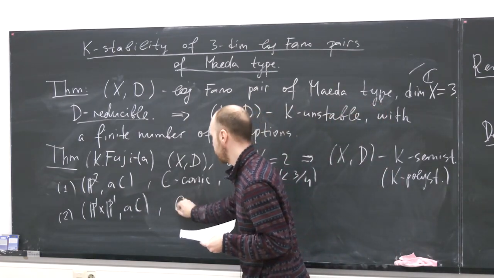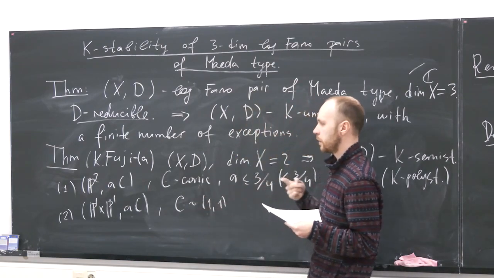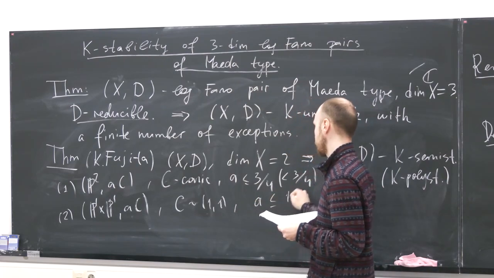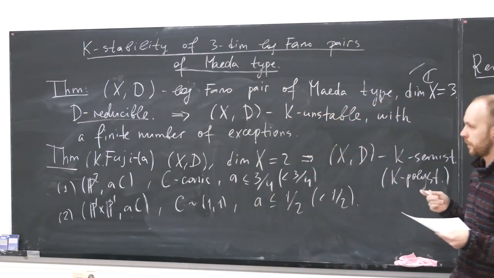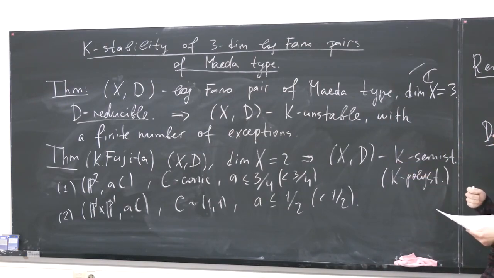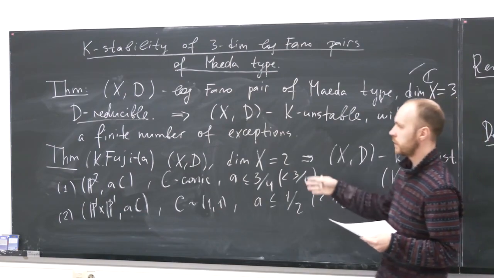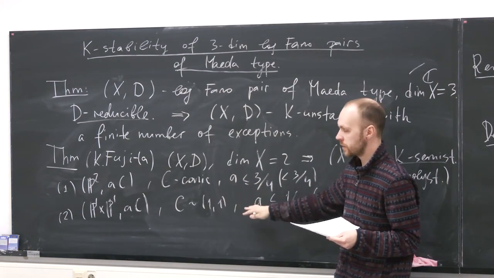And here the curve C has type (1,1), and the coefficient is less or equal than 1/2, respectively, strictly less than 1/2. So this is the result in dimension 2 for K-semistability and K-polystability, which is stronger than K-semistability, and Fujita has a precise description for such pairs.